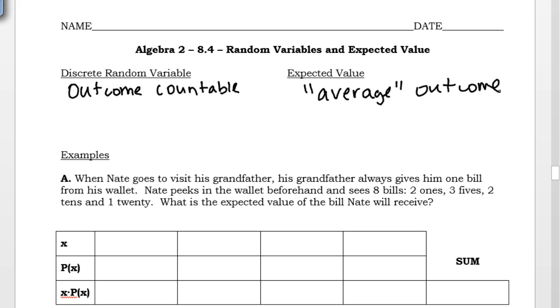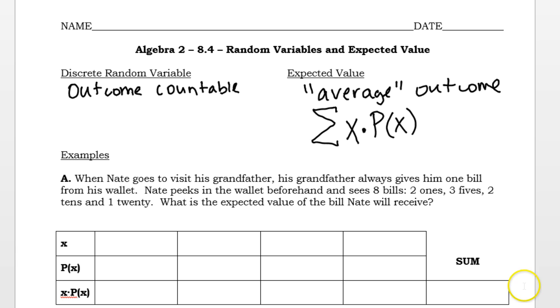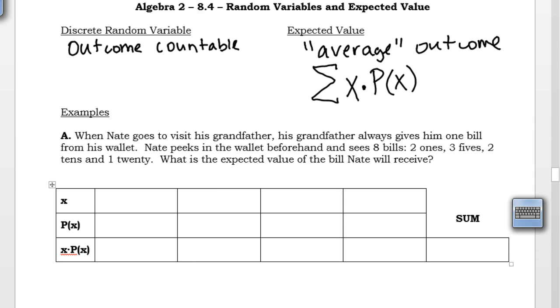So to calculate our expected values, we will first take the discrete random countable outcomes, multiply those outcomes by the probability of each outcome, and then add them all together. So I have a table that I put on the exercises to try to make them a little bit easier.